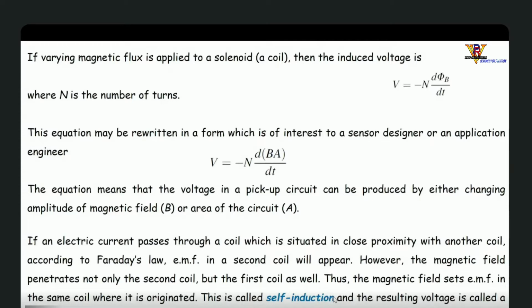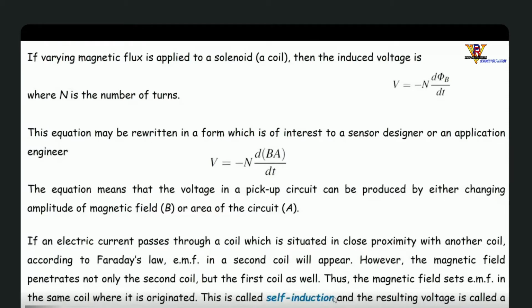So if an electric current passes through a coil which is situated in close proximity with, suppose we are considering two different coils, one carrying an electric current and nothing connected to the next coil. According to Faraday's law, what will happen? An EMF will be induced in the second coil. Definitely, when a coil carries current, it produces a magnetic field, that we have seen earlier.